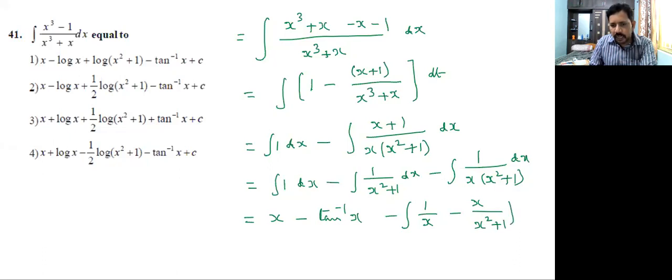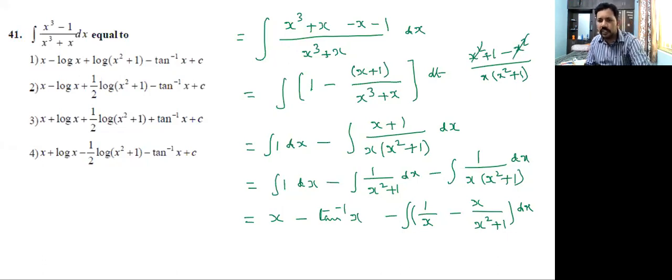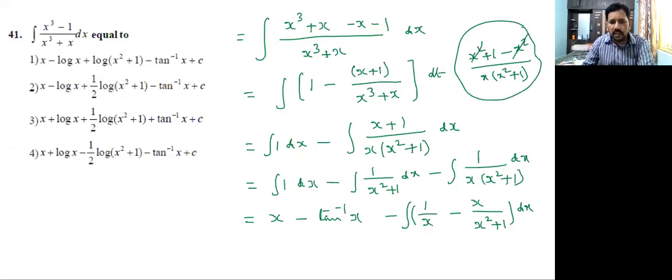See this, is it correct or not? Take the LCM and go through the reverse process. The LCM is x into x square plus 1. Here will come x square plus 1 minus x into x, that is x square. These cancel, and we get 1 by x into x square plus 1. This is a reverse method.